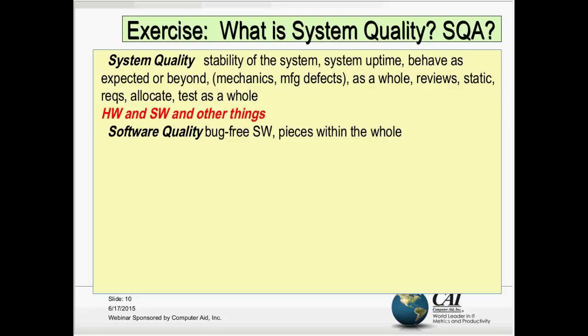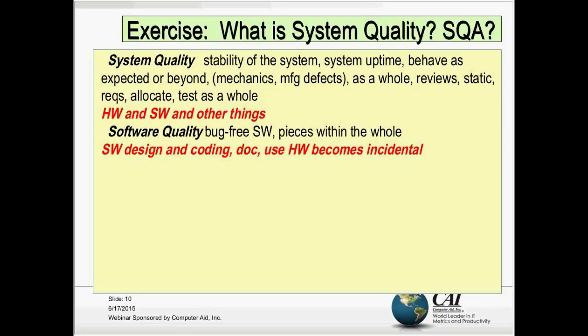System quality includes both hardware and software as well as other things. Software quality tends to pertain only to the software itself, to the design and coding and documentation. And if there is hardware involved, the hardware is typically incidental.